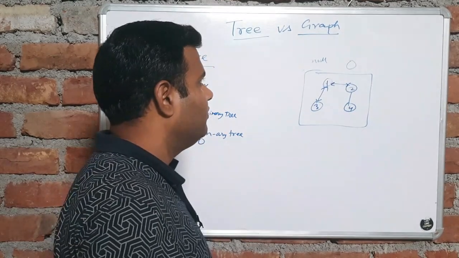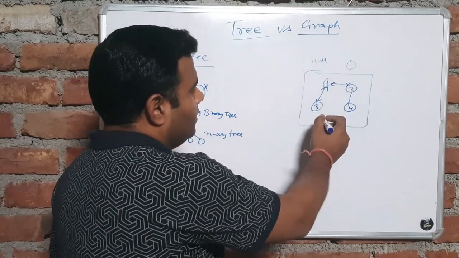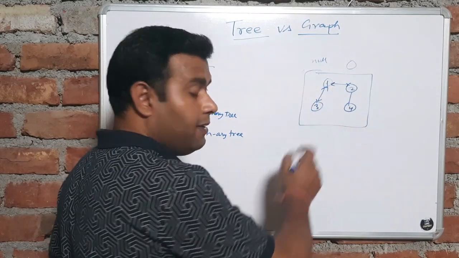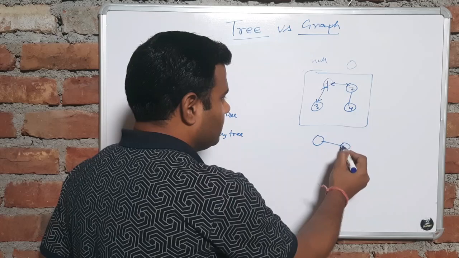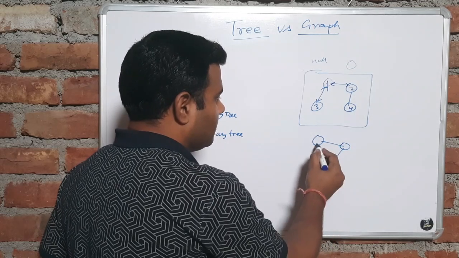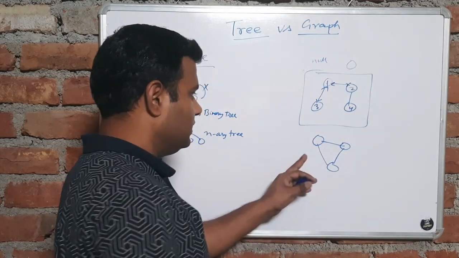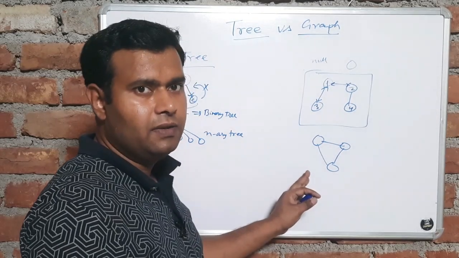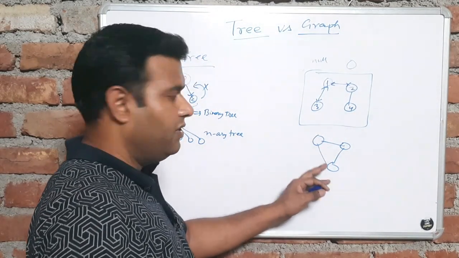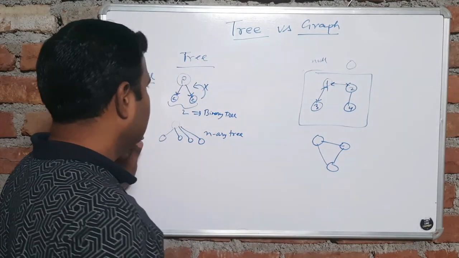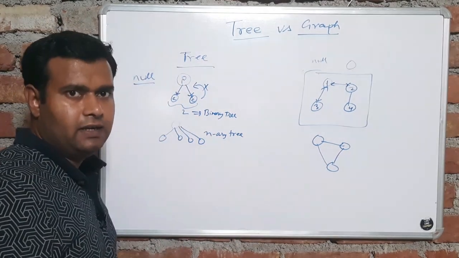And the difference which lies is that a graph can have a cycle. So for example, this is a graph but not a tree because it has a cycle. Whereas in any tree, there cannot be any cycle.